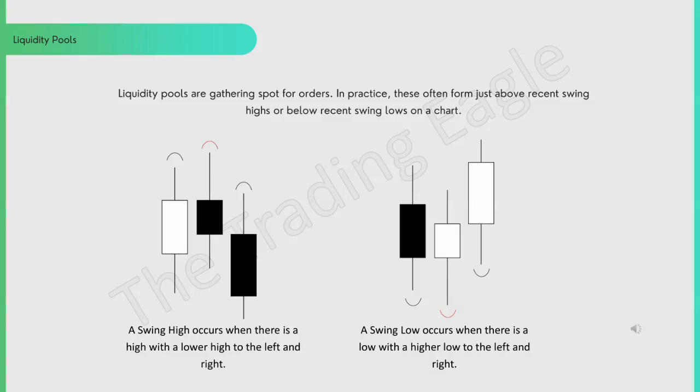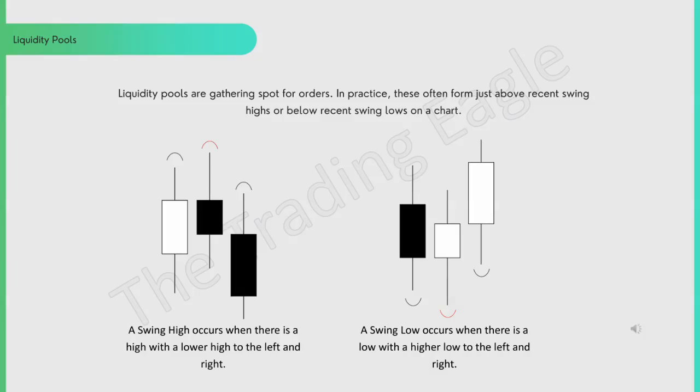For example, stops for short trades sit just above a recent high, and stops for long trades sit just below a recent low. When a stop order is triggered, it turns into a market order, providing liquidity. And big institutions want that liquidity, so they nudge price towards those clusters of orders using the algorithm.